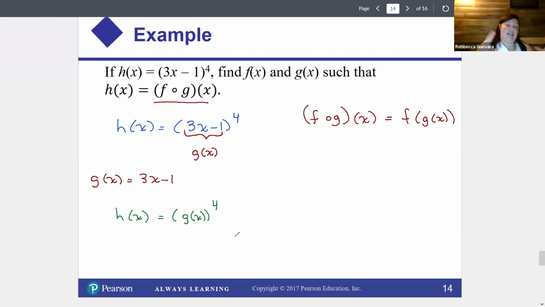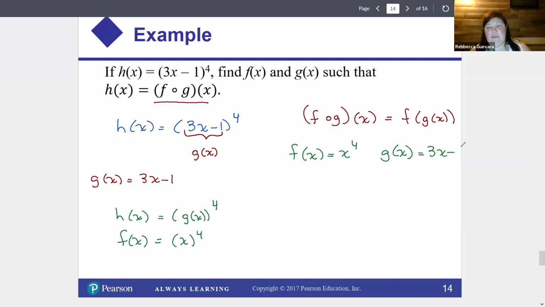So that means the outside part is just x to the 4, and that would be my f. So we think it would look like this if we're doing this composition. f would be x to the fourth, and g of x would be 3x minus 1.